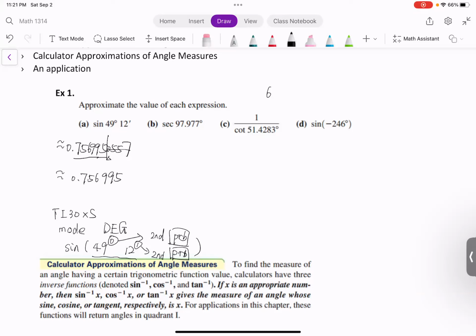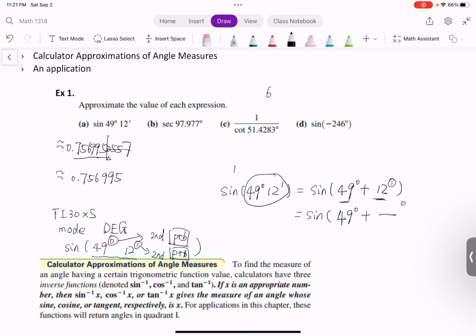If you don't want to input the minutes symbol, you can also convert all of sine 49 degrees 12 minutes into degrees. Separate the minutes and the degrees, and only convert the minutes into degrees. To convert minutes to degrees, I divide 12 by 60.